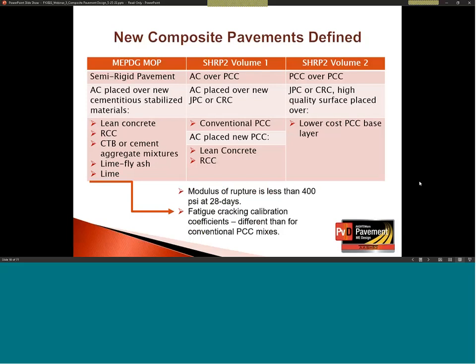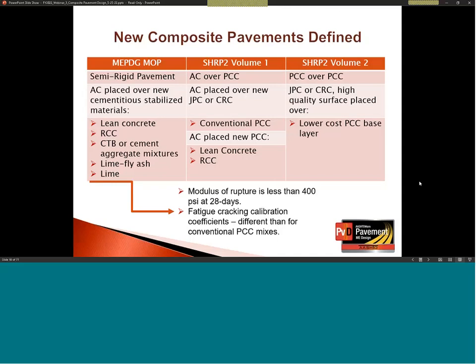So there's a distinct difference if we look at the MEPDG manual of practice. I'll also mention this later on in the presentation, but the modulus of rupture for the cementitious stabilized materials is basically capped, or is less than 400 psi at 28 days.